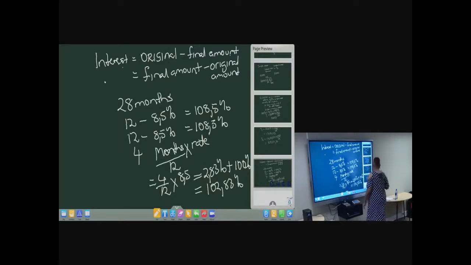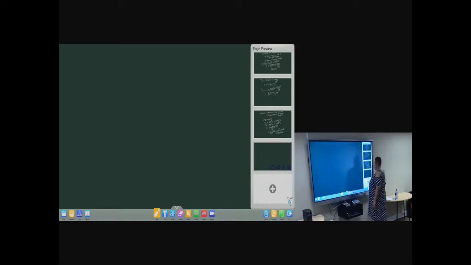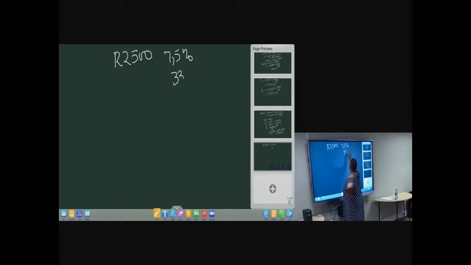Then what I want you to do, learners, is at your own spare time have somebody who has borrowed 25,000 rands at an interest rate of 7.5% for a period of 33 months. You must know that in Maths Lit we have our questions in the form of a story.